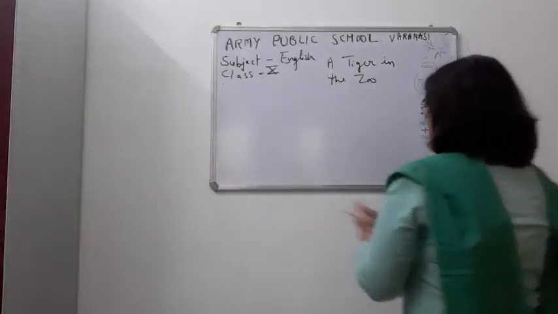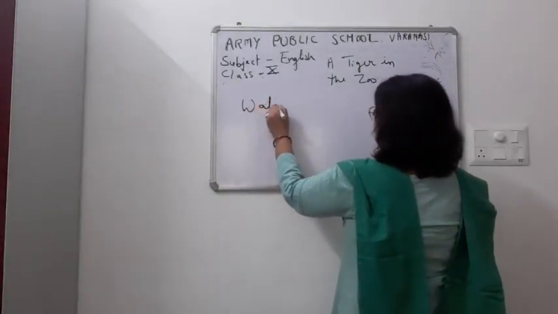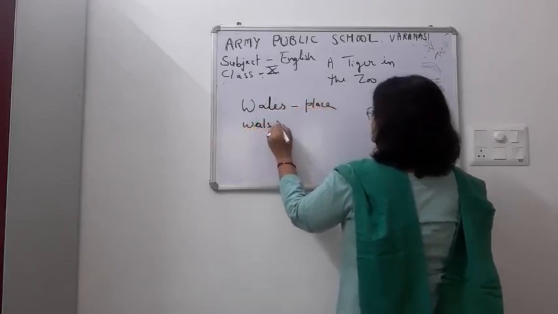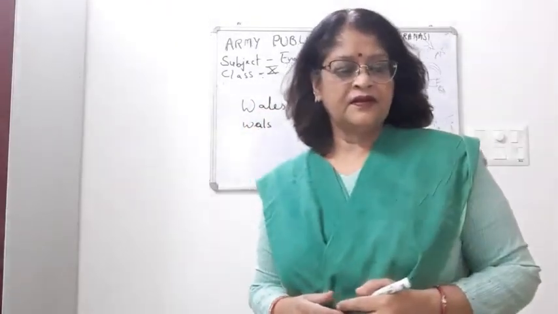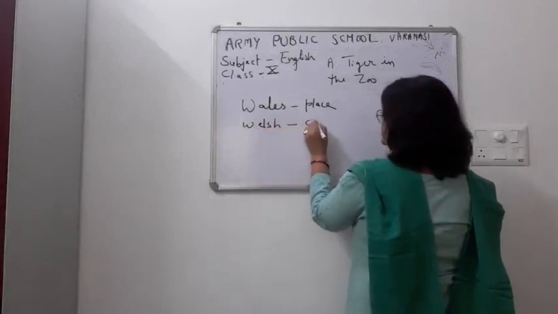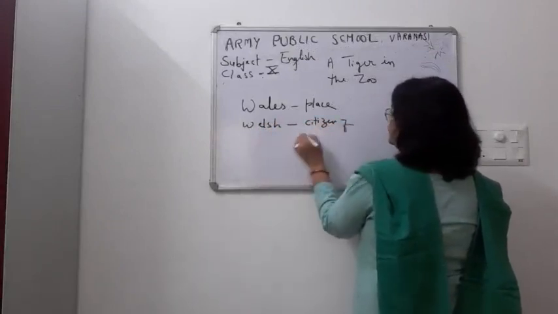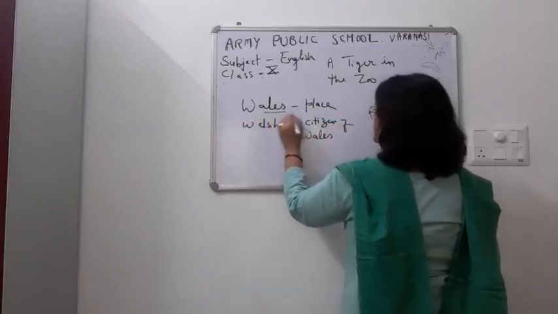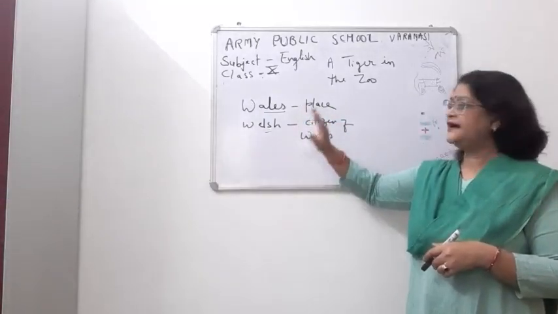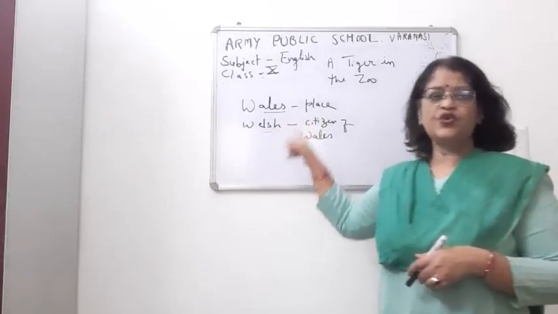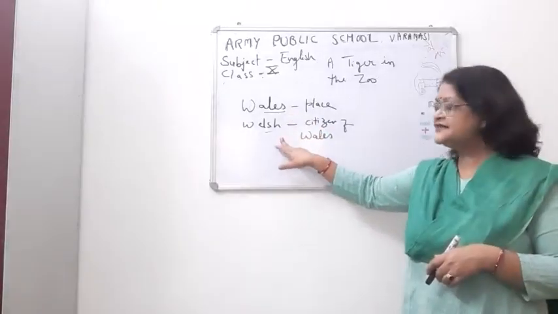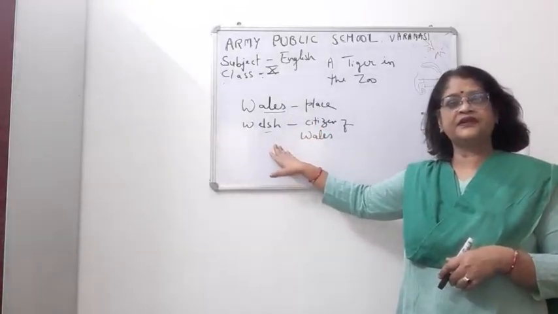Wales is a place, and Welsh is the citizen of Wales. So this is a place and this is the citizen of it. So he was from Wales and he was a Welsh poet. Try to understand. Wales is a place. Welsh are the citizens of that place.